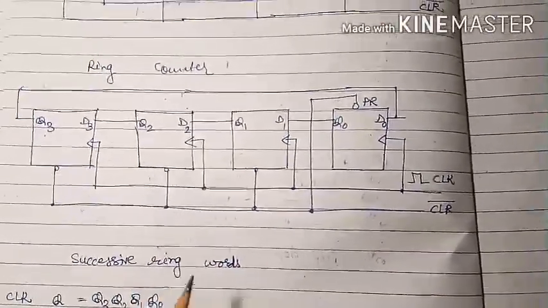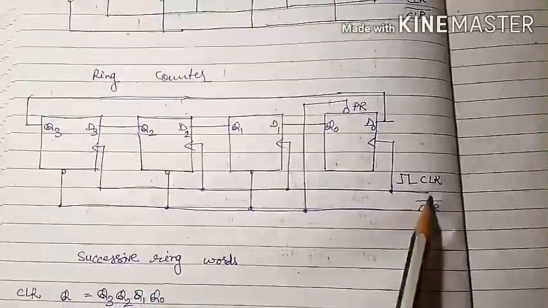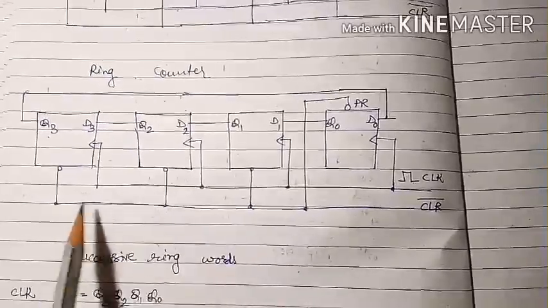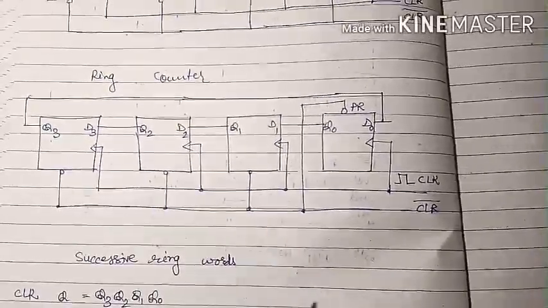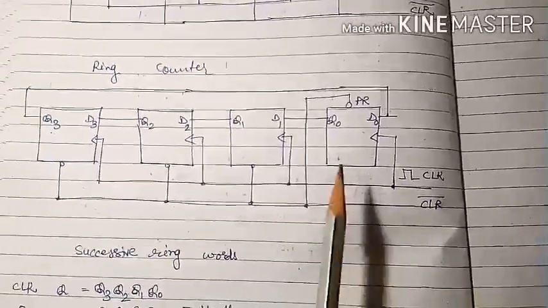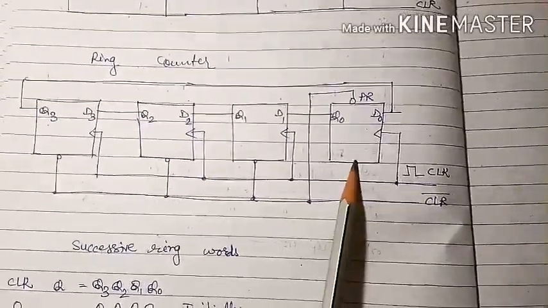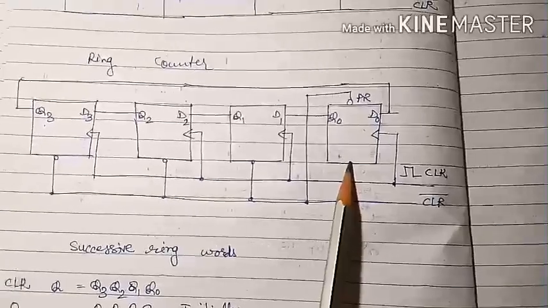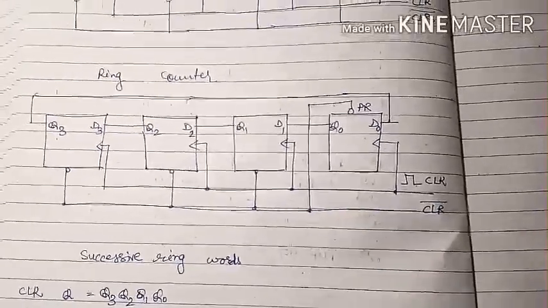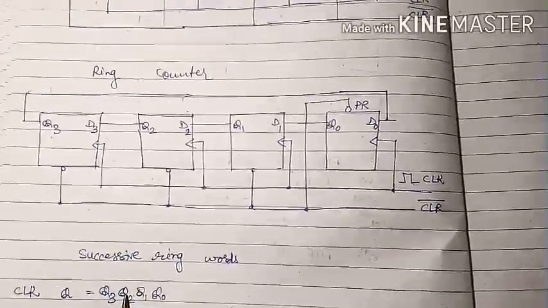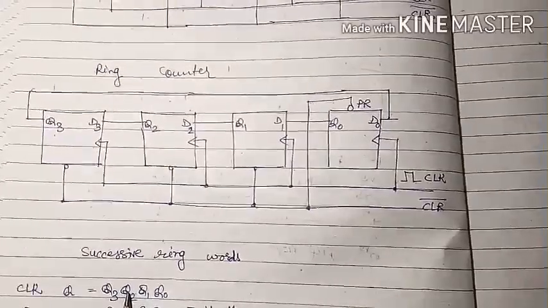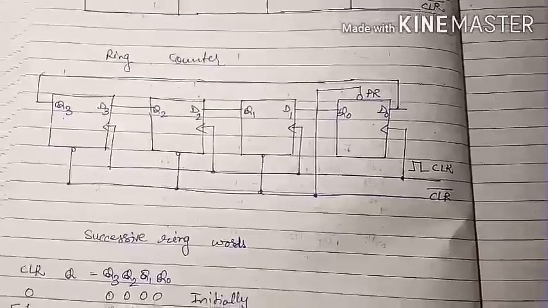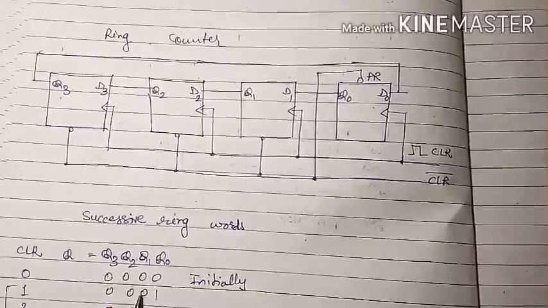Now here the clock is given and the clear resets the ring counter. For presetting the first flip-flop we are using the signal PR. Now when CLR goes low, then back to high, the initial output word becomes Q equal to 0 0 0 1.